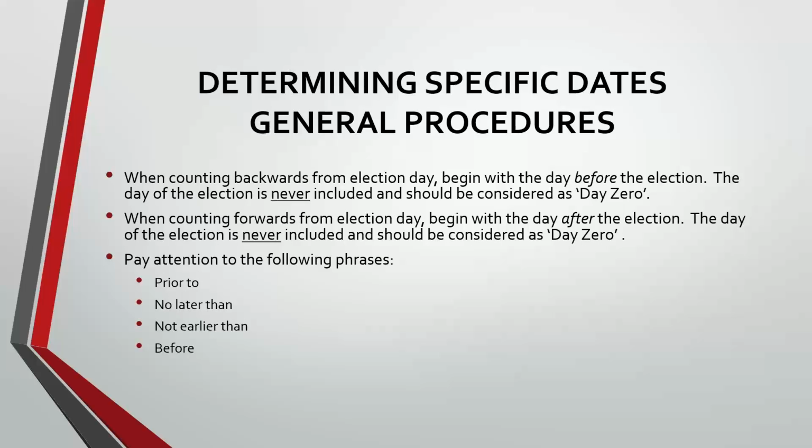All right, so in order to determine specific dates for your election, here's just something very, very general. Election day, I call day 0. So when you've got your calendar out and you're looking at, I think it's April 5th, you put a 0 in somewhere in the corner of April 5th.